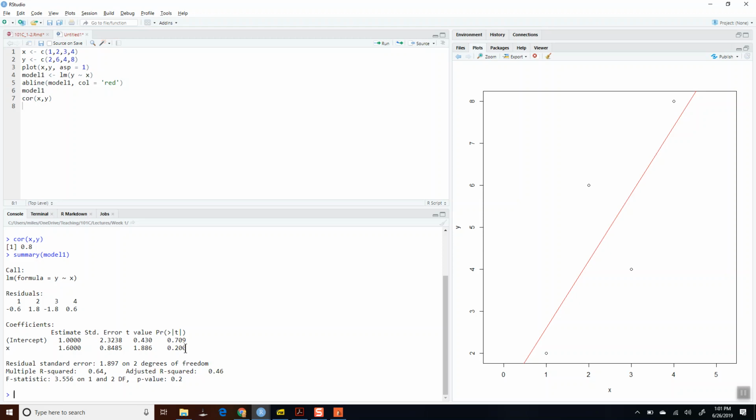And so with 4 darts, you only have to get lucky enough, and you'll get lucky enough 20% of the time to get a correlation of around 0.8. That always feels a little bit surprising, because when you hear a correlation of 0.8, you feel like, oh, that's got to be a fairly strong relationship.